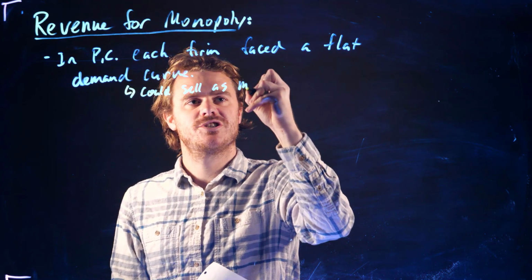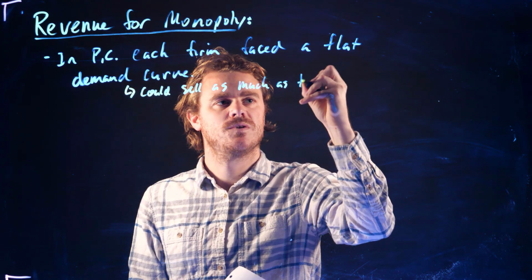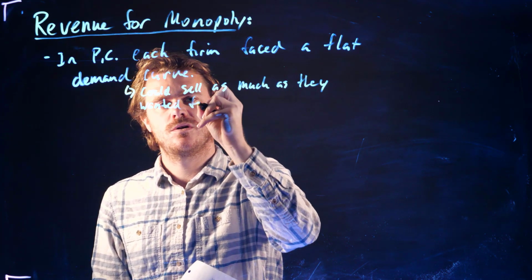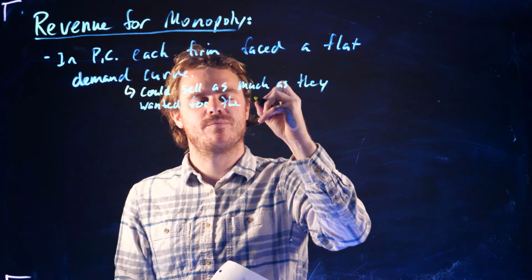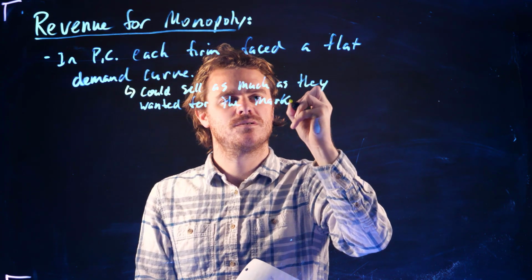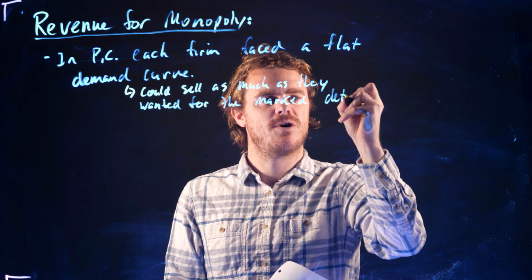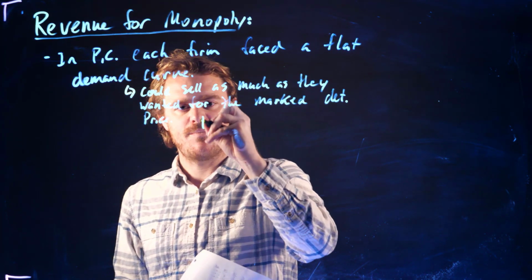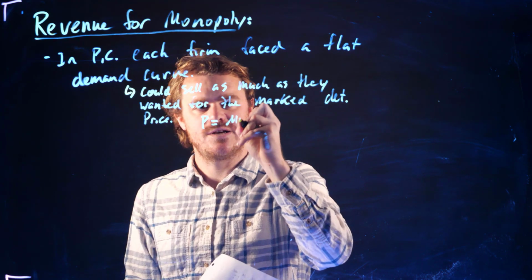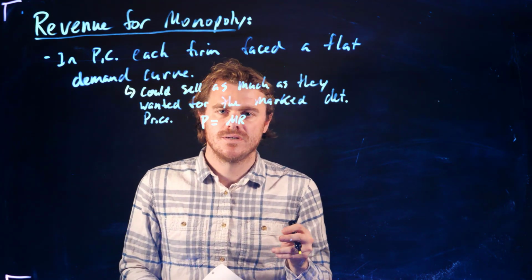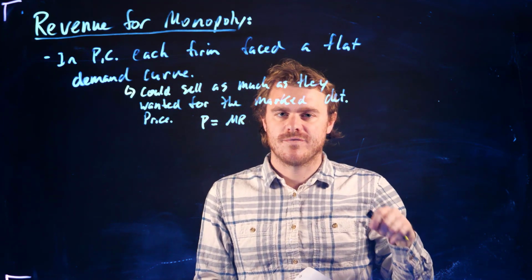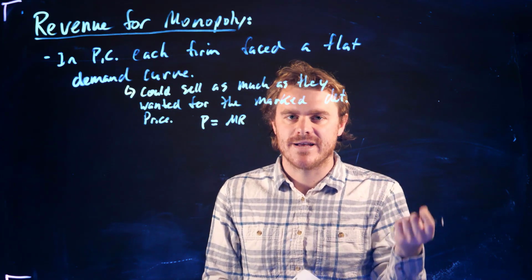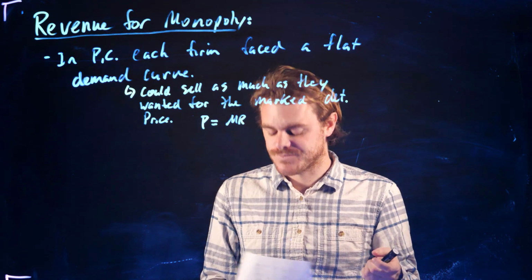So they could sell as much as they wanted for the market determined price. Remember, that meant the price was equal to the marginal revenue, because they always got that same price no matter how many they sold.